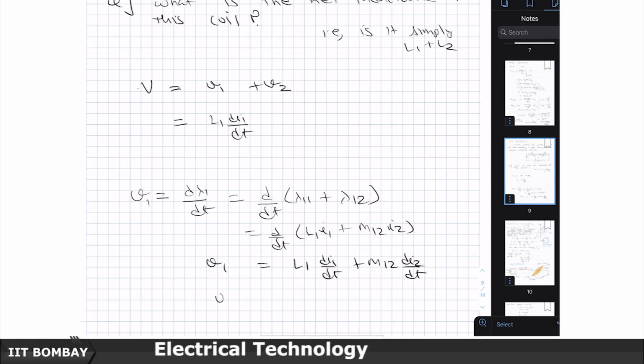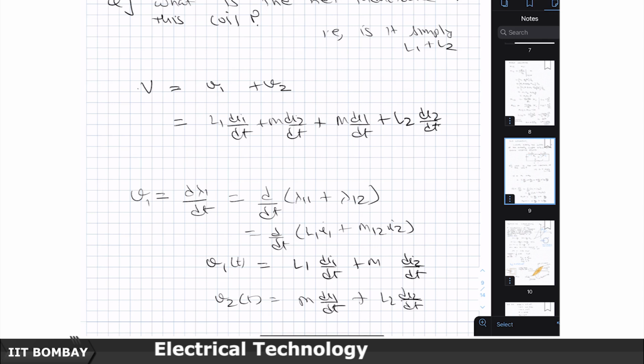Similarly, V2 will be L2 di2 by dt, and since there are only two coils, I will just write M, plus M di1 by dt. So for V1 I substitute this, getting L1 di1 by dt plus M di2 by dt, and for V2 I get plus M di1 by dt plus L2 di2 by dt.